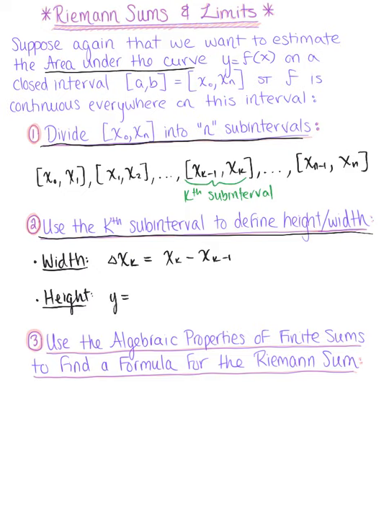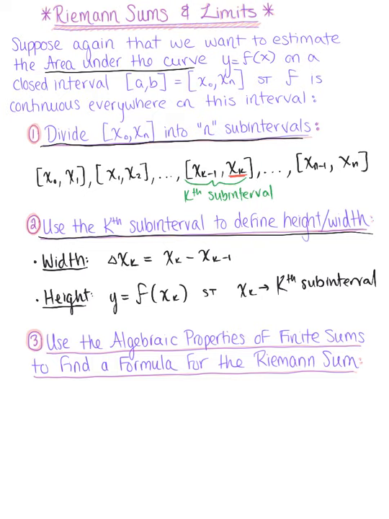So our height is going to be y is equal to f of x sub k, such that x sub k is in that kth subinterval. Looking at how we've defined this above, it's going to be our right-hand endpoint. But you could also use a left-hand endpoint. It all depends on how it's defined.